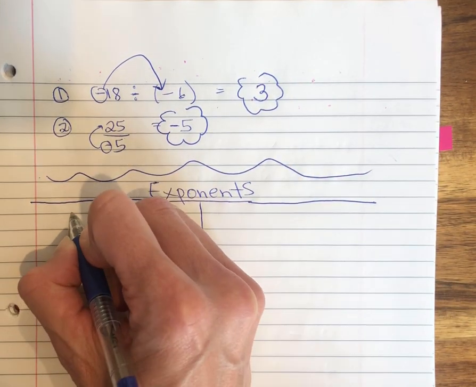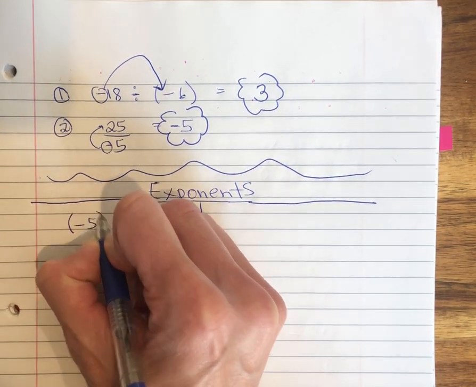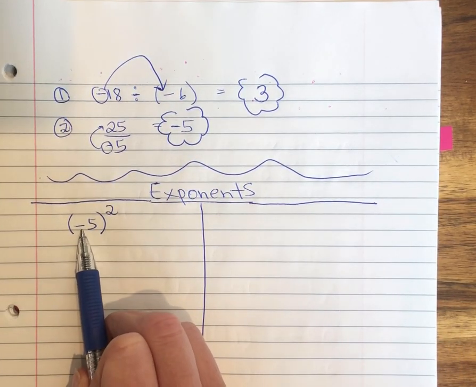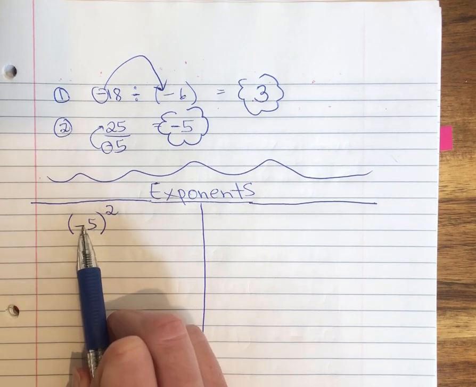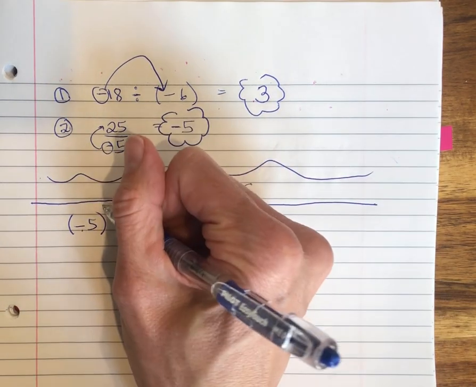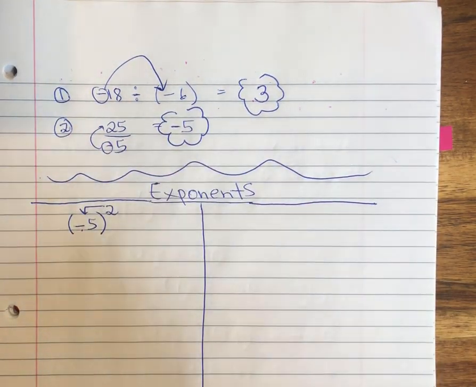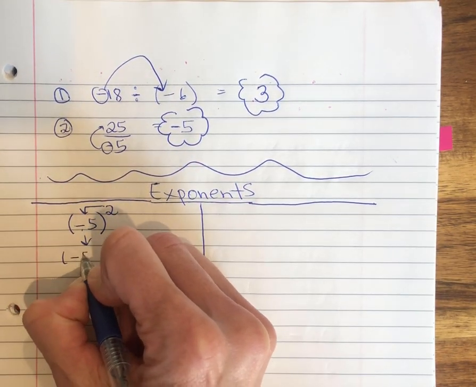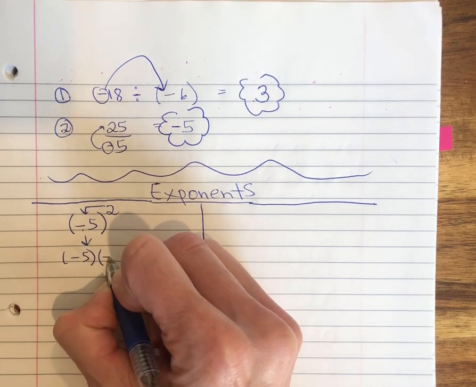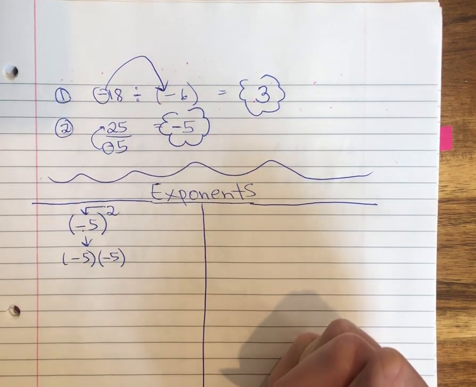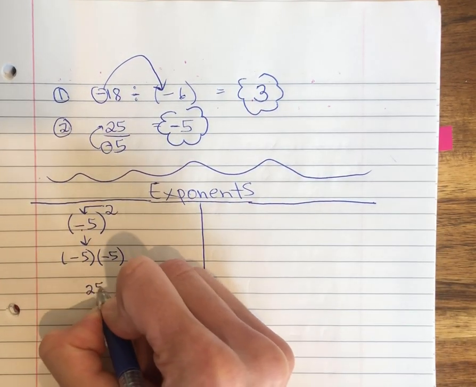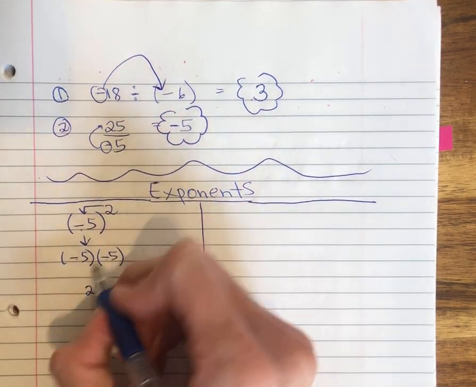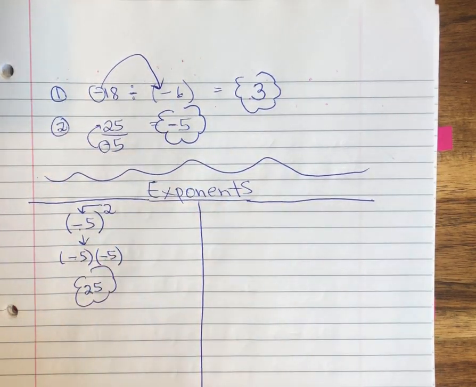Let's take a look at the first way. Okay. I want you to notice that the negative is inside the parentheses. That means it's the negative 5 that's squared. So it's going to look like negative 5 times negative 5, which is 25. Positive. The opposite of that negative is a positive 25.